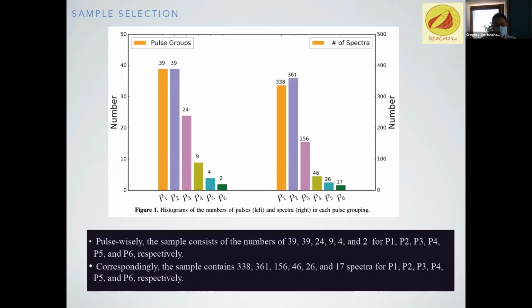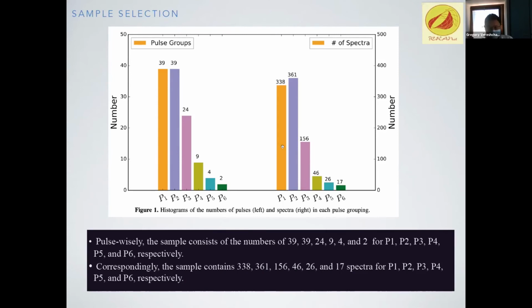So statistically, our result, including all the sample, consists of 39 and 24, and for pulse 1, pulse 2, and so on up to pulse 6, the corresponding sums are 338 and 361 for P1, P2, P3, and so on. In this plot, the left panel shows the number of pulses for each pulse position.